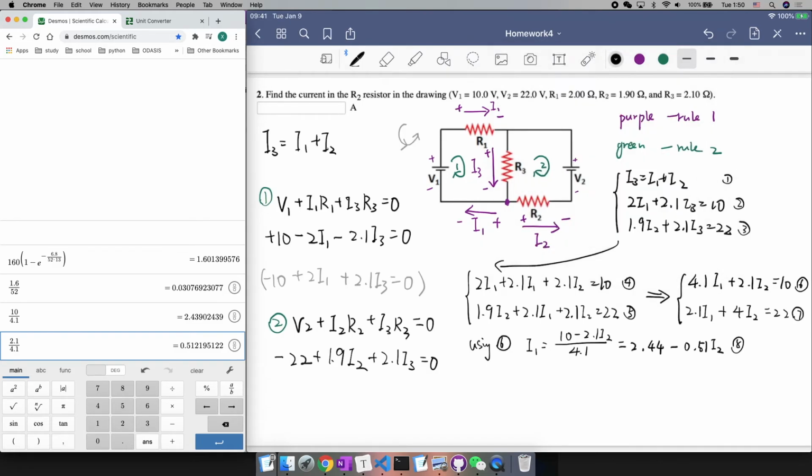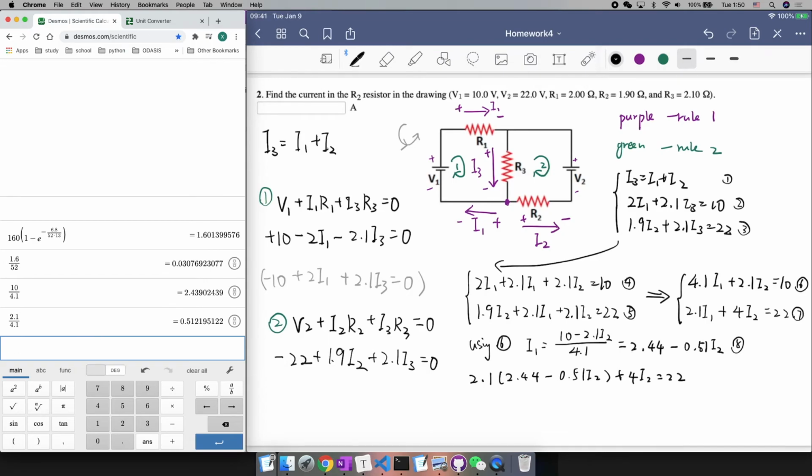So now here we have 2.1 times I1 plus 4 I2 equals 22. Alright, so now only one variable left, which is I2, the current in the R2 resistor, which is the one we're looking for. So finally, the final step.